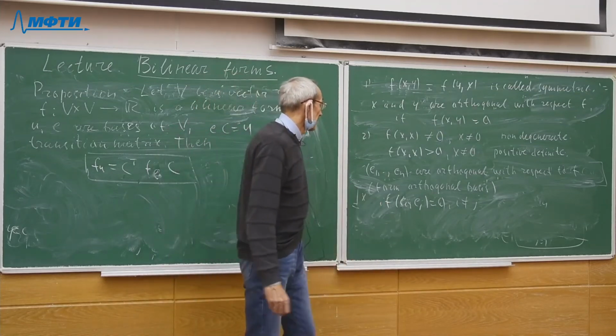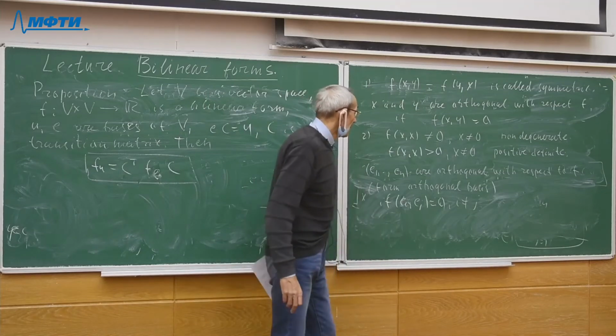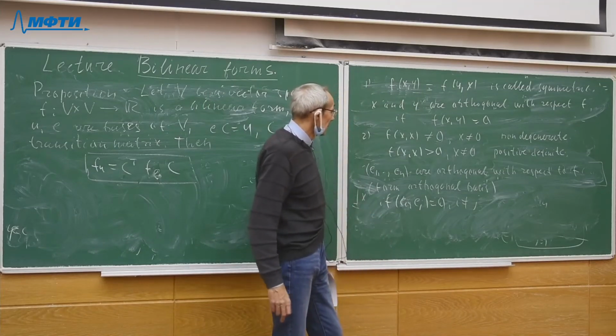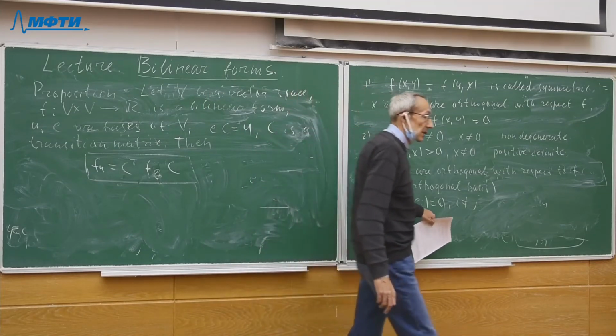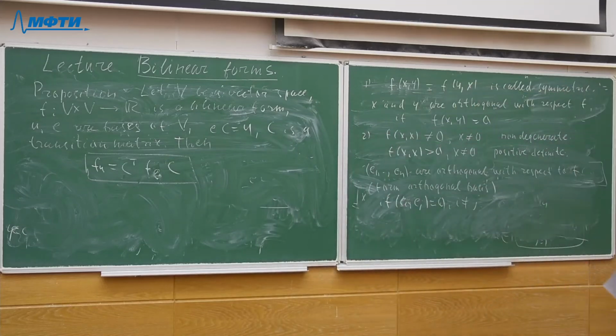It means that the value of our bilinear form on a pair of distinct vectors is equal to 0.